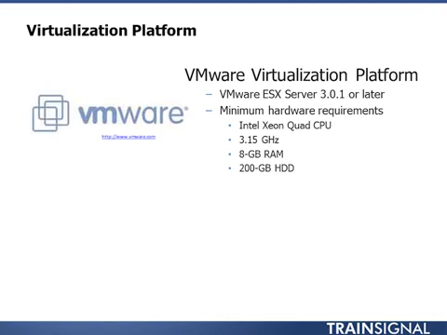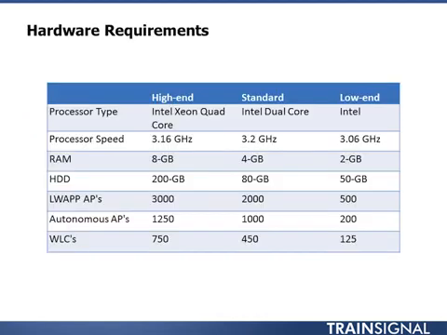The minimum hardware requirements if you're going to run on a virtualized environment is the Intel Xeon Quad CPU with a processor of 3.15 gigahertz. You want at least 8 gig of memory and 200 gig of hard drive. Now Cisco categorizes the deployments as a high-end server, a standard server, and a low-end server.